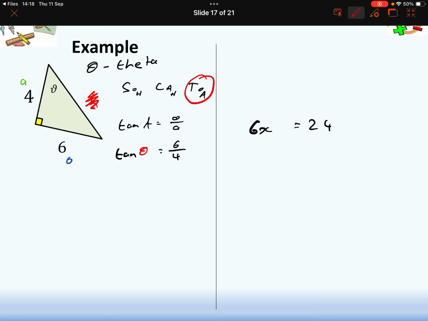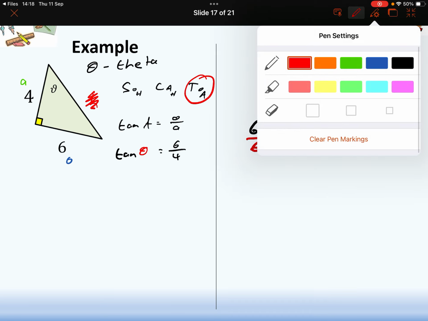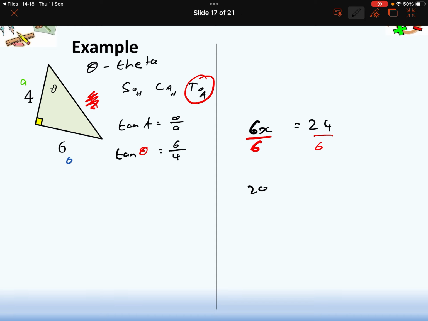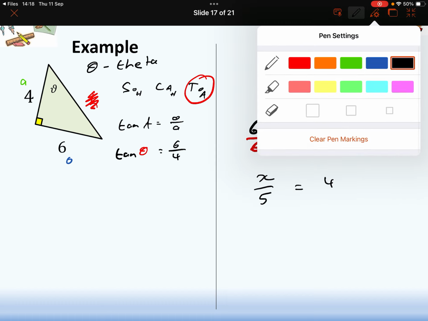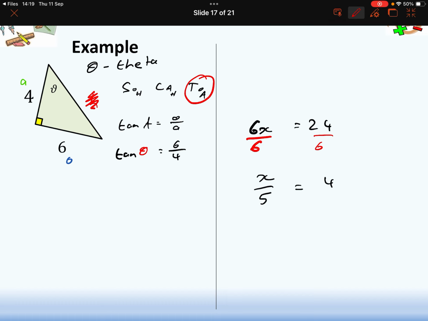So this means 6 times x, so we divide by 6. If we had, let's say, x divided by 5 equals 4, to get rid of this 5, to get the x by itself, I multiply. So I do the opposite of dividing.